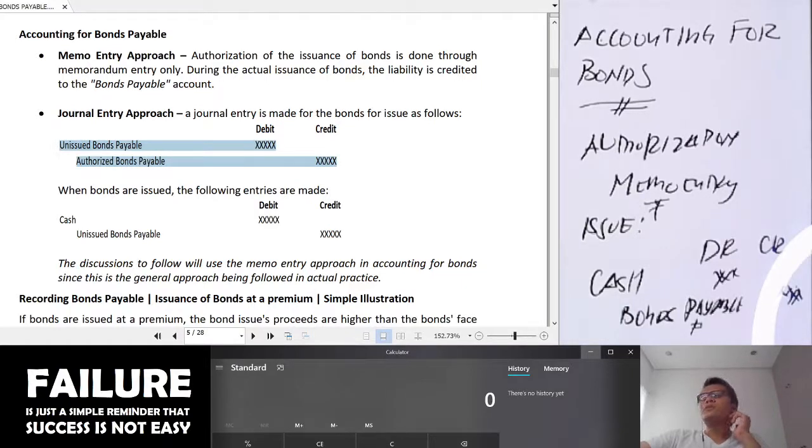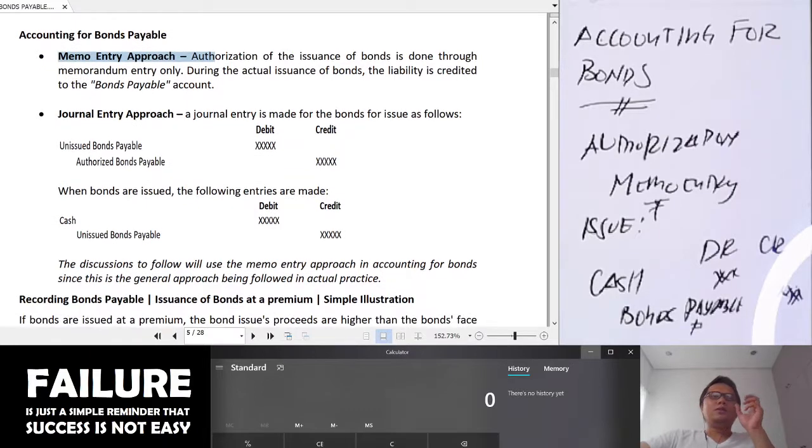But let us take note, whatever approach that we use, the memo entry approach and the journal entry approach have the same effect. What we present as liability is the same, the carrying amount of the bonds is the same, and the discount or premium on bonds payable is the same. So, those are the two approaches.